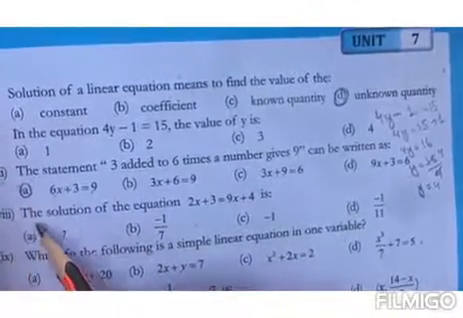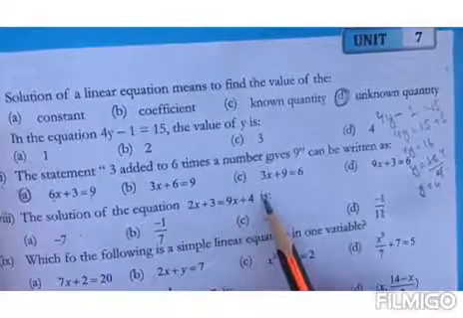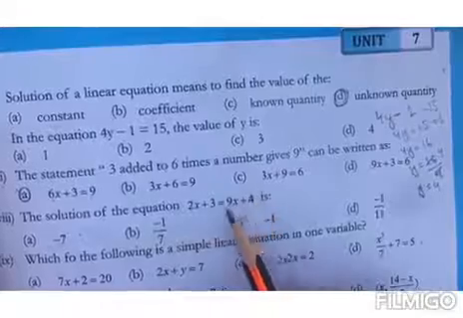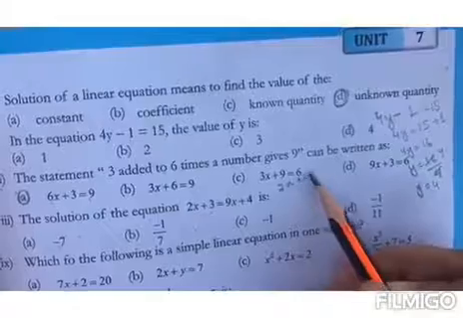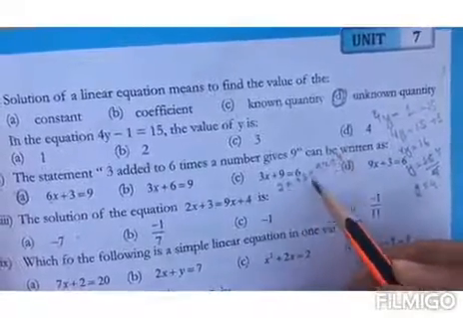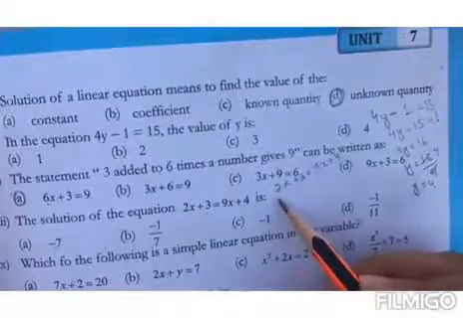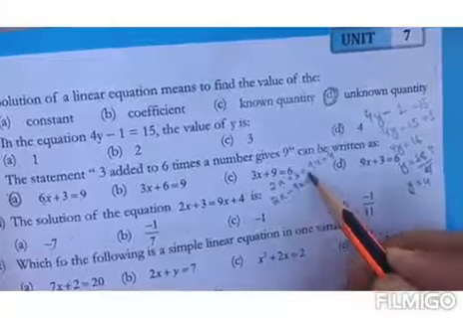Number 8, the solution of the equation 2x plus 3 is equal to 9x plus 4 is, you have to find the value of x. So let's start solving this. 2x plus 3 is equal to 9x plus 4. Let's move x on this side and 3 on this side. 2x minus 9x is equal to 4.